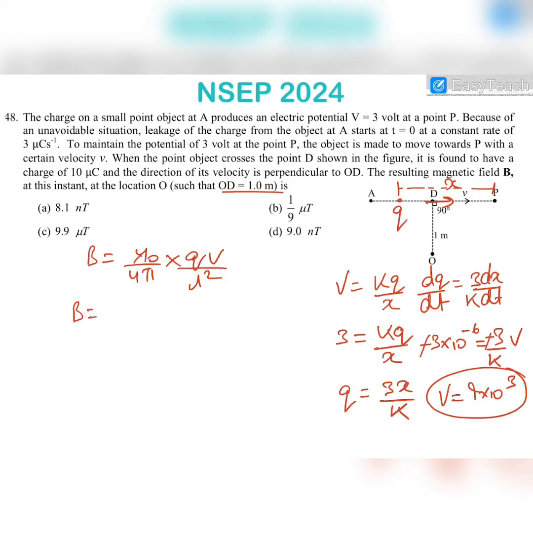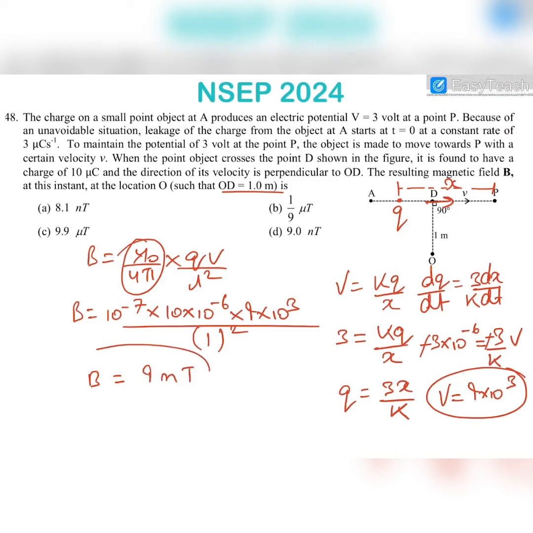So B will be mu naught by 4 pi is 10 raised to power minus 7. Q is 10 into 10 raised to power minus 6. V is 9 into 10 raised to power 3. And R is obviously 1. So B will be equal to 9 nano Tesla. So the correct answer is D. Now let us move on to the next question.